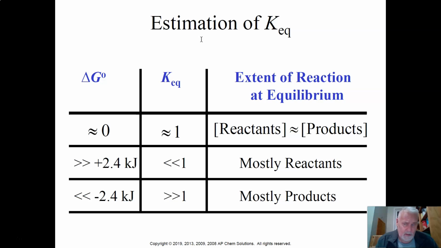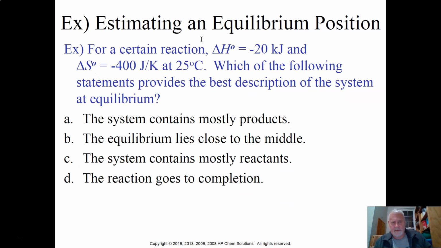If delta G is really small, meaning negative, especially less than negative 2400 joules or 2.4 kilojoules, then you're going to get mostly product, in which case that's a very large KEQ value. So this is a nice summary table to talk about those things.